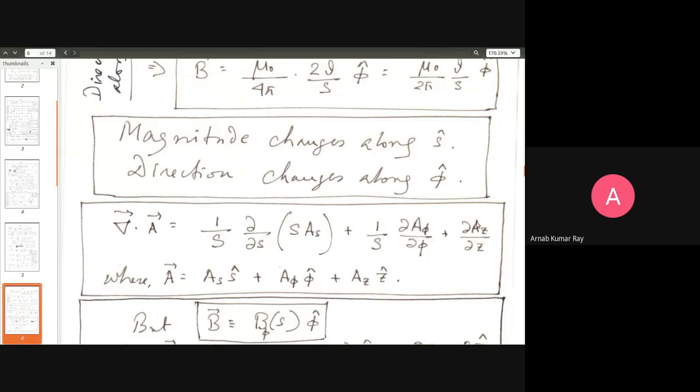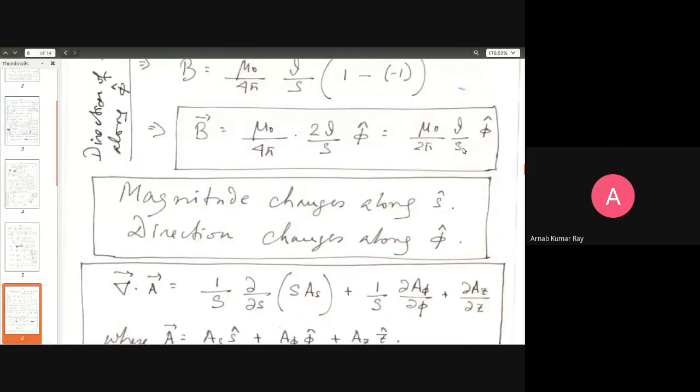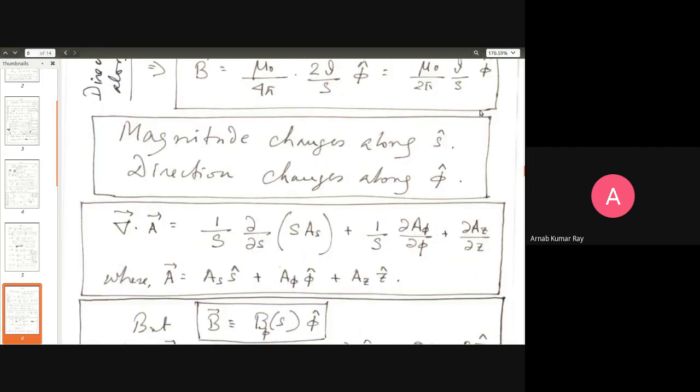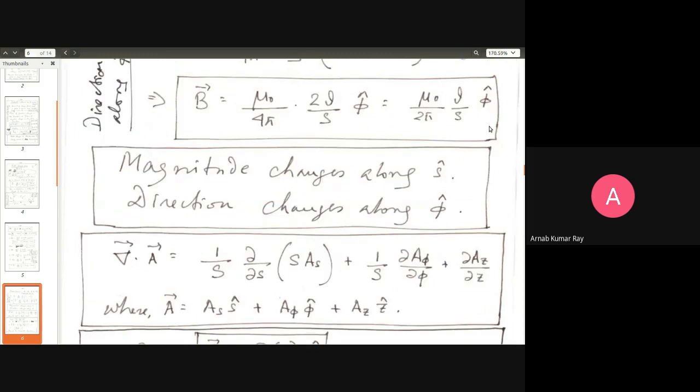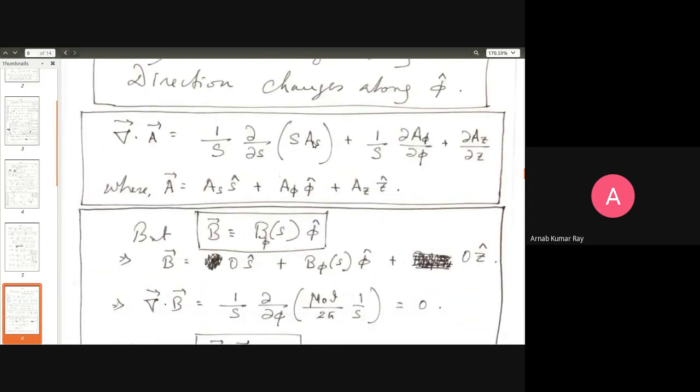If you look at the magnetic field, it has got only unit vector phi cap, meaning there is nothing like something into S cap plus something into phi cap plus something else into Z cap. It has got only a phi component. Therefore, B subscript S is zero.